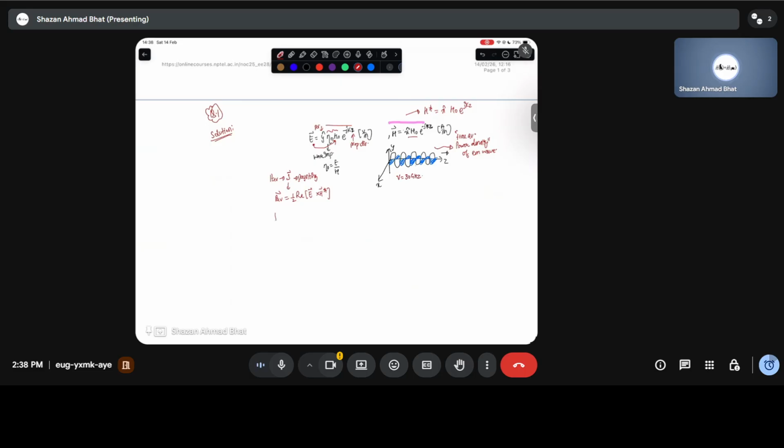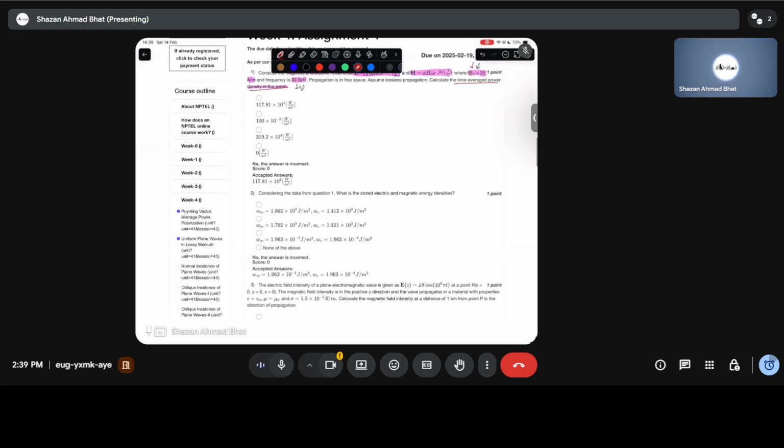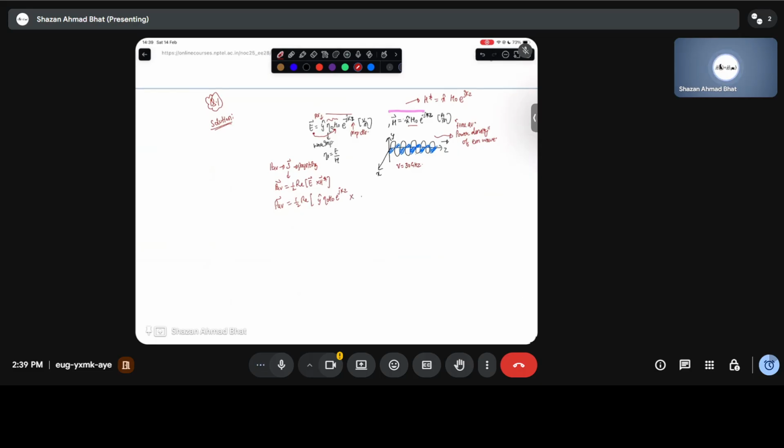So you're going to use these values in the average power, which will be half of the real part of the electric field, which is as such, I guess we missed something. Yeah, okay. So this will be y hat eta naught H naught e to the power j k z, cross product with x hat H naught e to the power j k z.